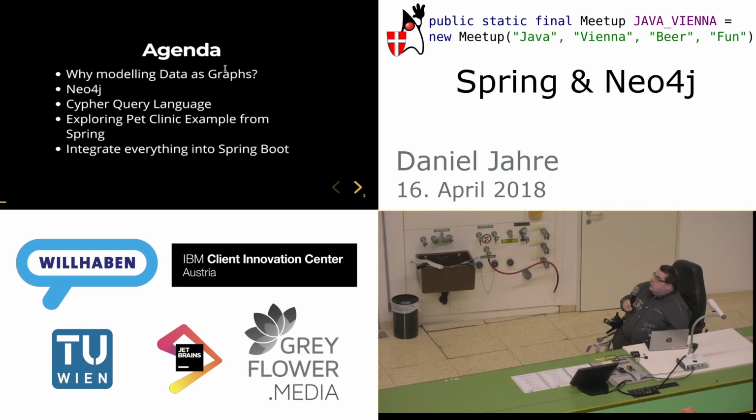And then I will explore the data model from the Spring Pet Clinic. This is a well-known example. I guess everybody knows it. And then we want to port that model to the graph database and integrate everything into Spring Boot.